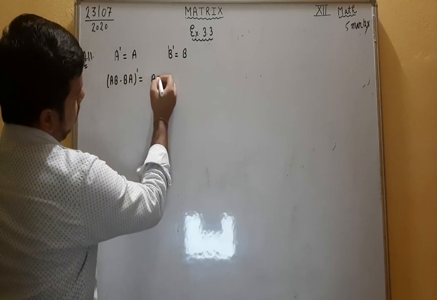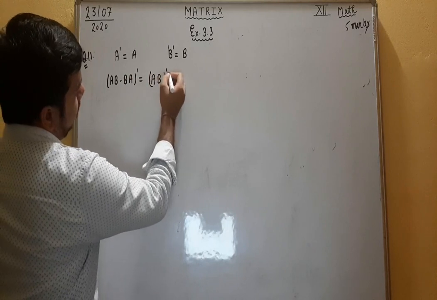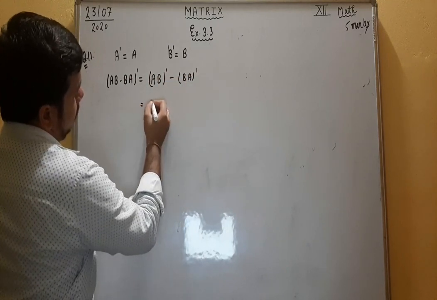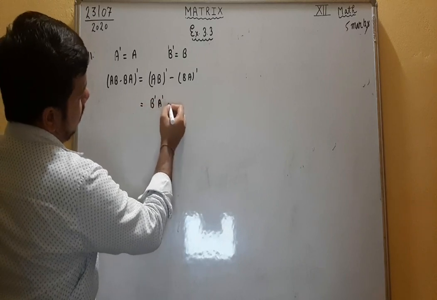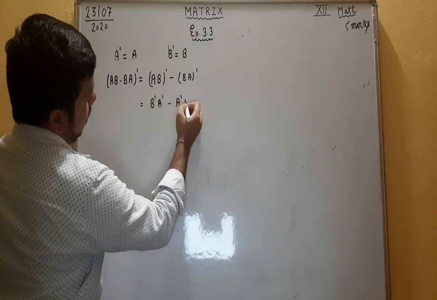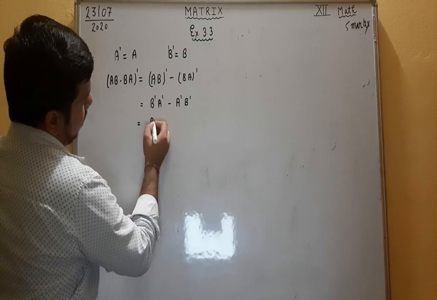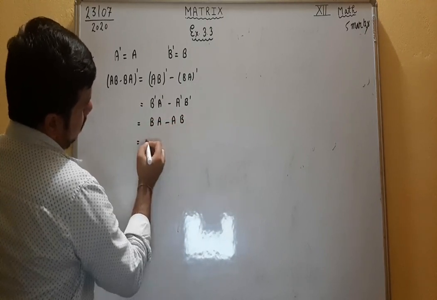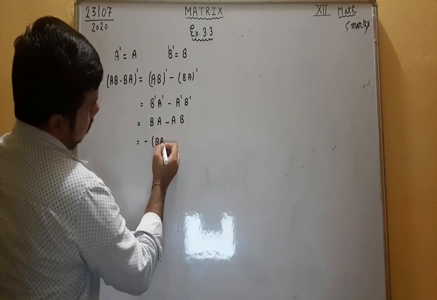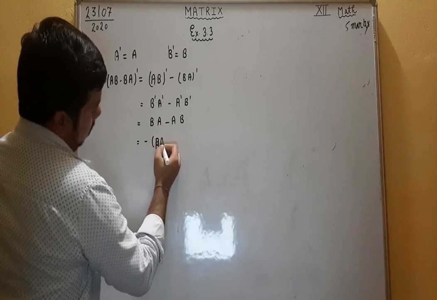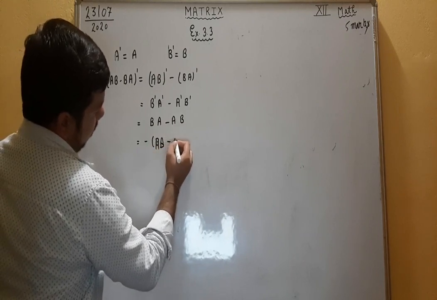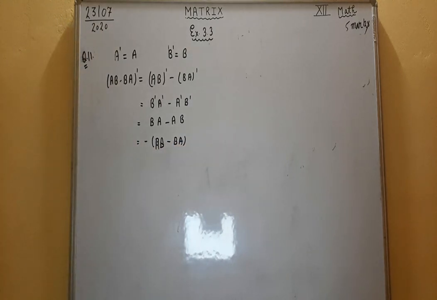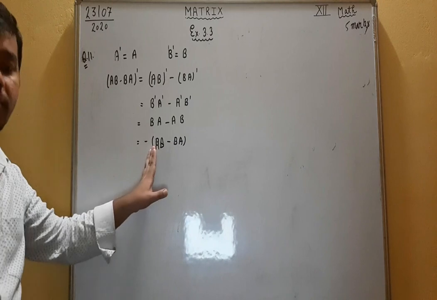(AB minus BA) dash is equal to (AB) dash minus (BA) dash. Using the reversal law, B dash A dash minus A dash B dash. The value of B dash is B, the value of A dash is A, so BA minus AB. Now take minus common out, it's minus (AB minus BA). Means the transpose of AB minus BA is equal to the negative of AB minus BA.